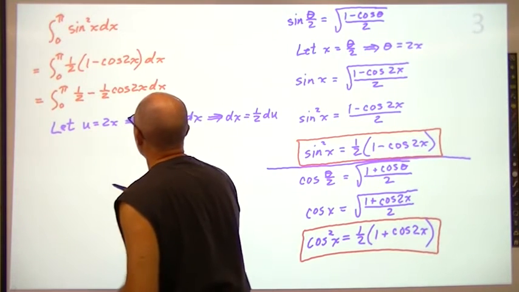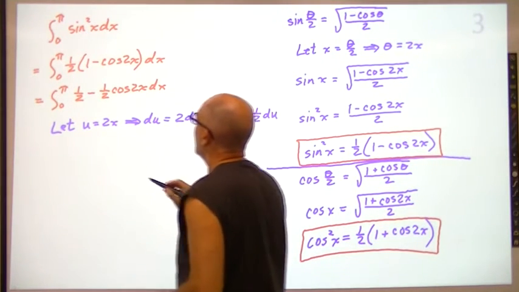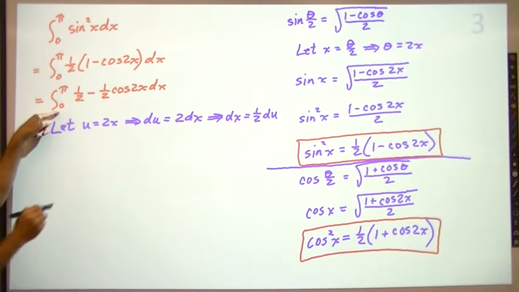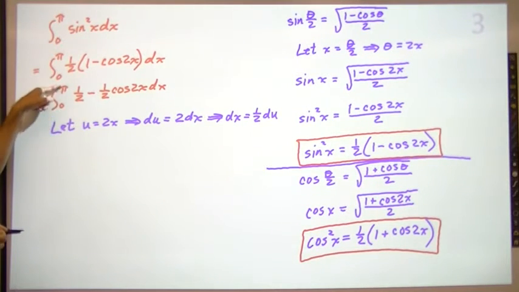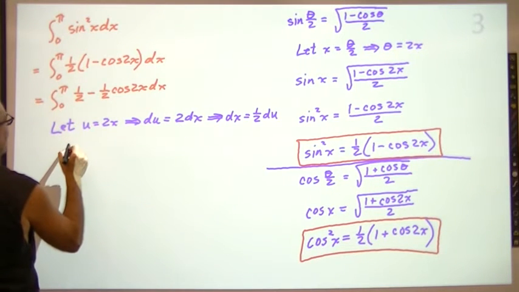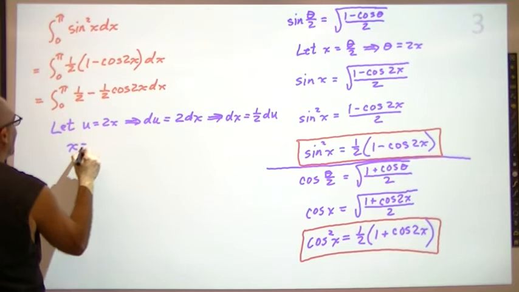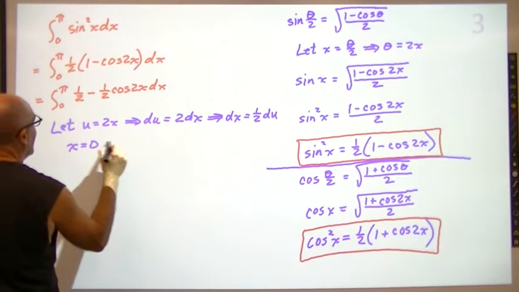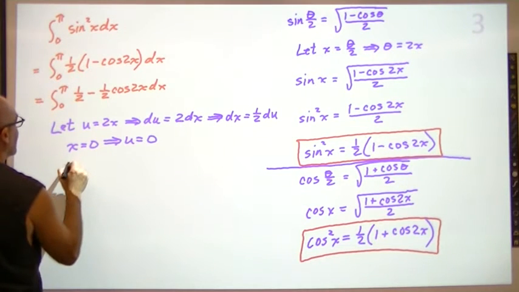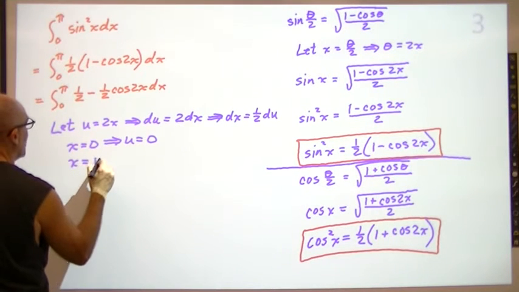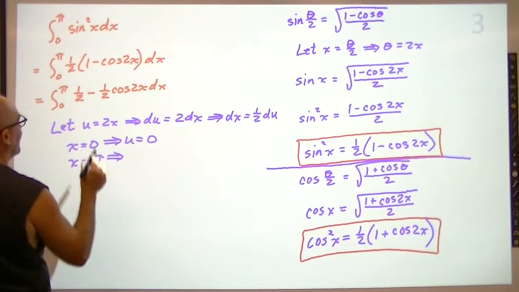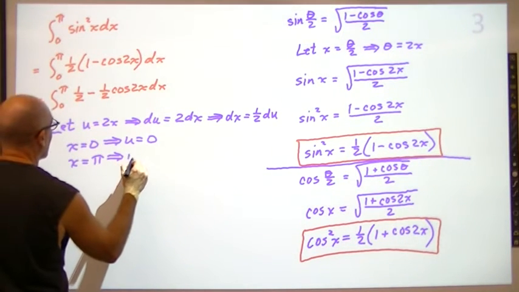All right, so now if u equals 2x, I have limits of integration from 0 to pi. So I'm going to change the limits: if I'm going from x equals 0, then that's the same as going from u equals 0. And if I'm going up to x equals pi, well, if x is pi, then u is 2 pi.